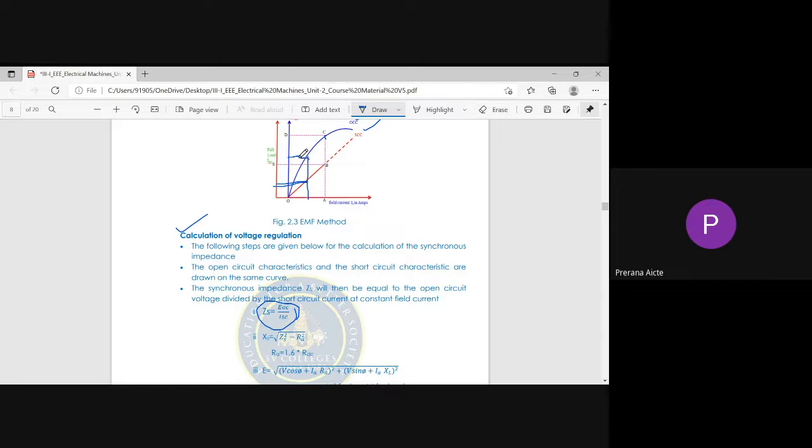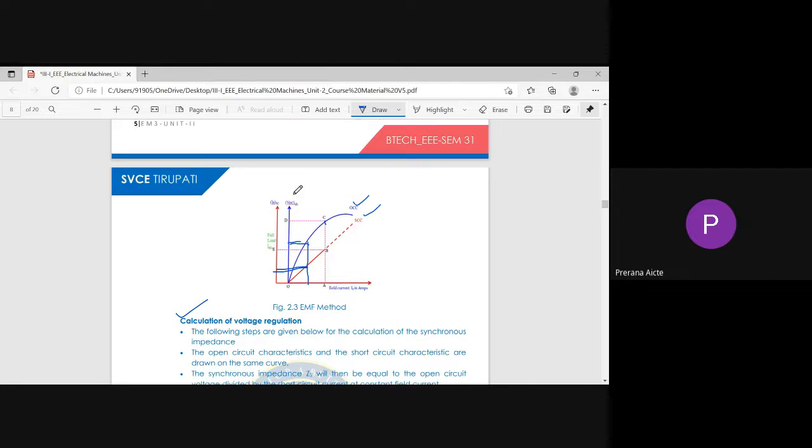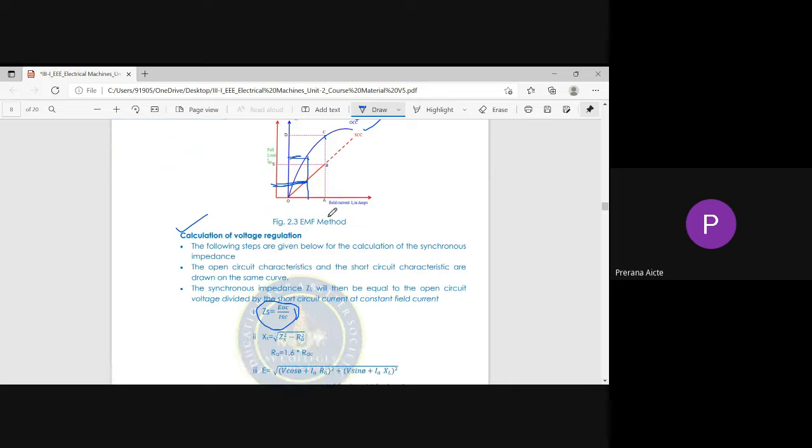The OCC curve is projected to the VOC line, and the SCC is projected to the ISC line. Then ZS equals EOC by ISC at any particular value of field current. Once we have ZS, using the stator resistance method we already measured the resistance RA, then XS is equal to the square root of ZS squared minus RA squared.